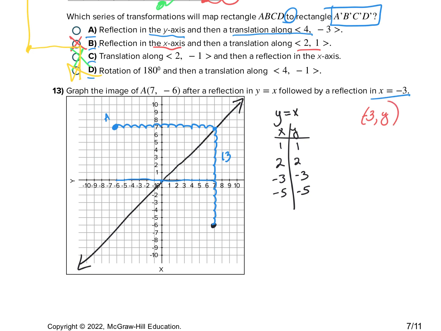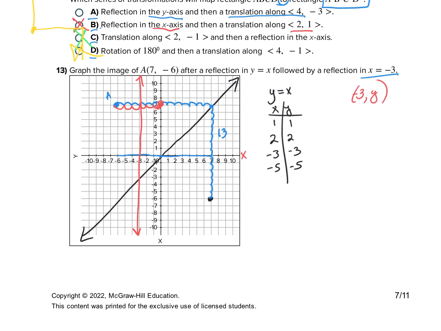So what I have is a vertical line that goes through the x-axis at negative 3. So you'll notice that I am exactly 1, 2, 3 units from that line of reflection. So I'm going to reflect 1, 2, 3 units over. And that puts me at 0, 7 for my final answer.